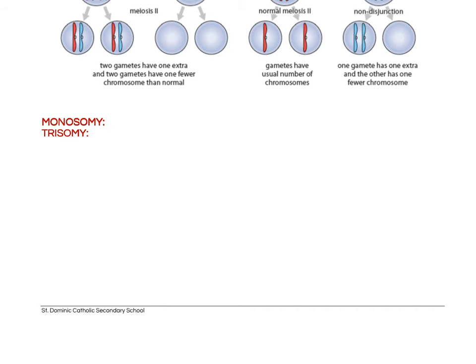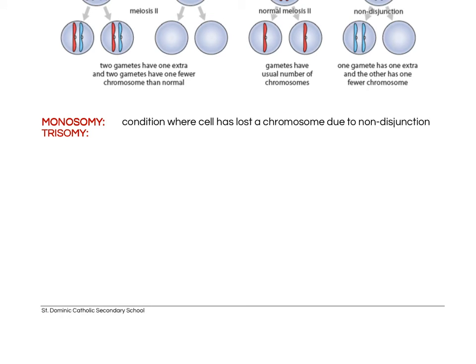So now I want to introduce you to a couple of different terms that are important and are associated with non-disjunction disorders. And they are monosomy and trisomy. So let's use our background knowledge to try and figure out what this might mean. Mono we know is a prefix that means one, and tri is a prefix that means three. So let's look at this.